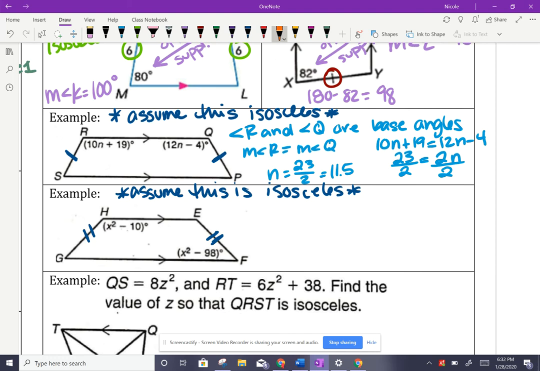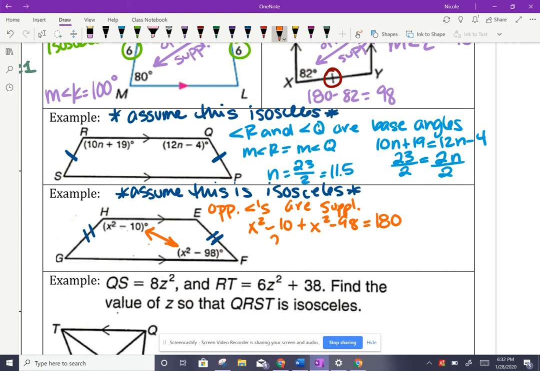Okay. Now, these are opposite angles. These are not base angles, the two that are given, H and F. These are opposite from each other, and we just talked about this again. Opposite angles are supplementary. So I can take x squared minus 10 plus x squared minus 98 equals 180.